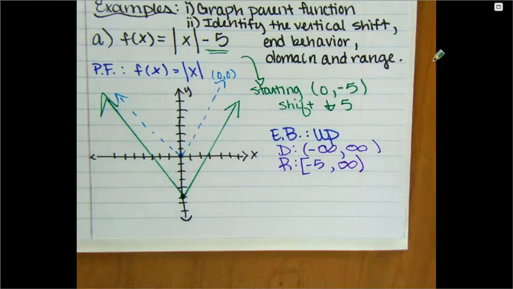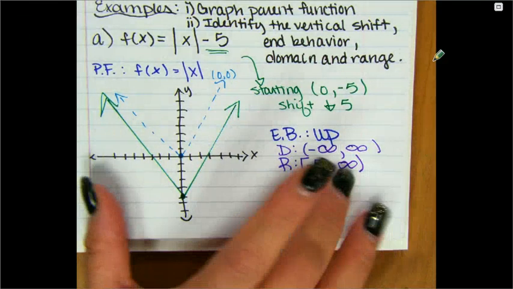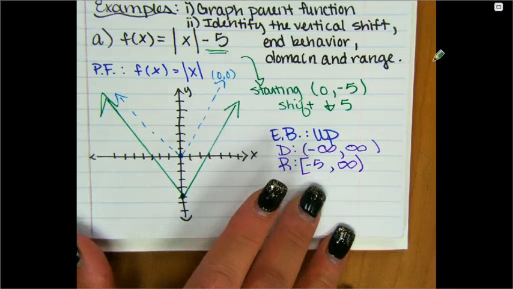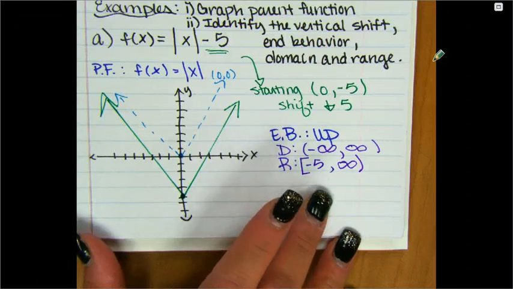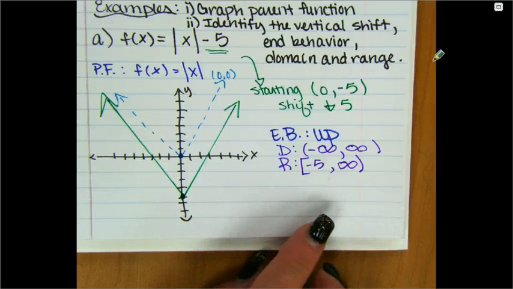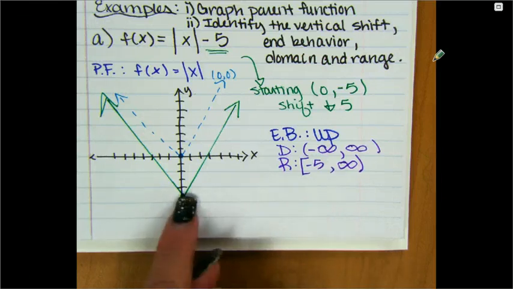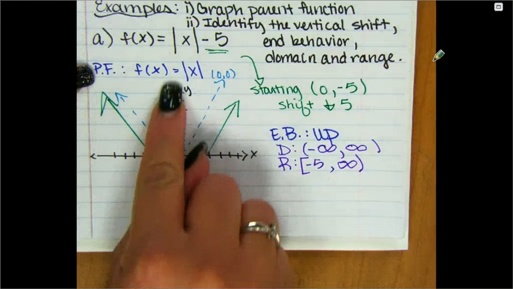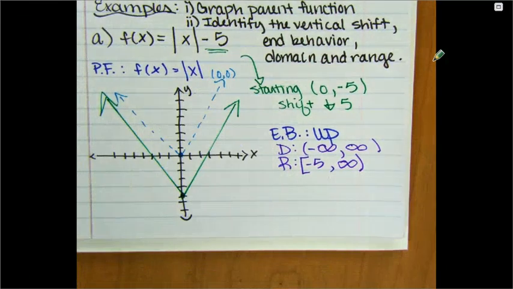Does that make sense? Are you okay? Are there questions before you copy it? No? Yes? Which one? On the range? Well, because as this keeps going this way, doesn't this keep going this way? It doesn't stop. Good?